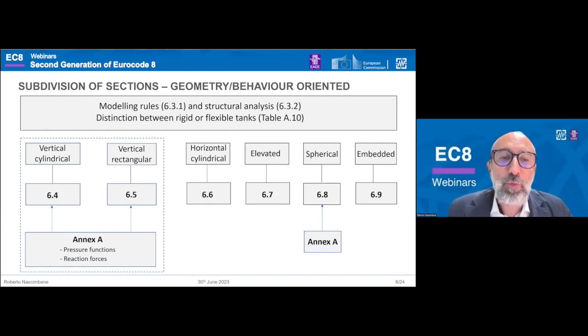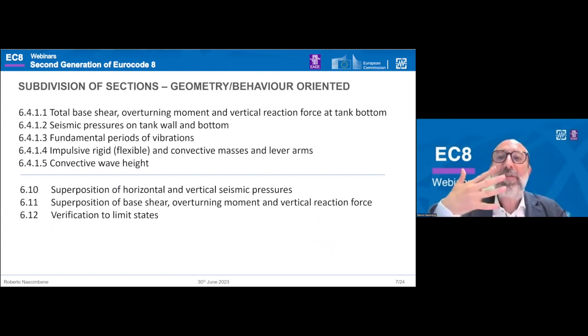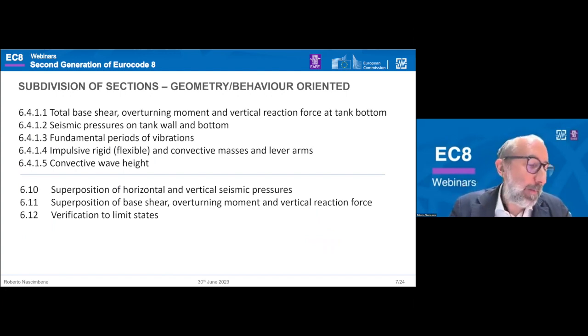Each sub-chapter refers to the Annex A, perfectly explained by Christoph before, and I will see later, in just a few minutes, how to apply the table. And all these sections are further subdivided into 5 main important parts.